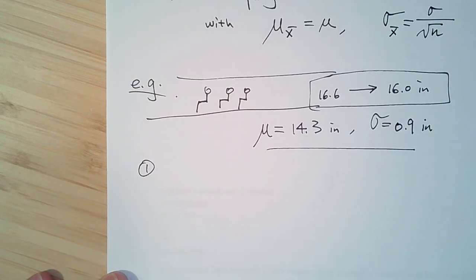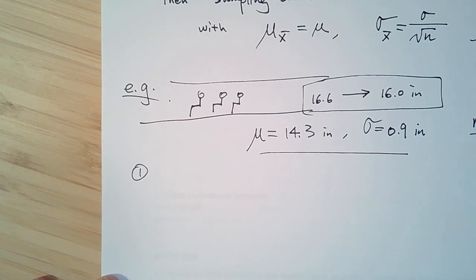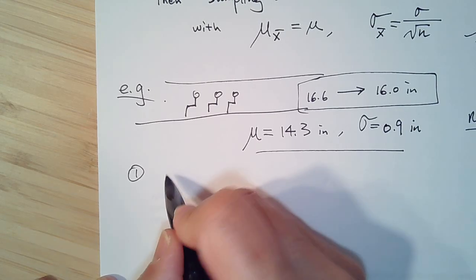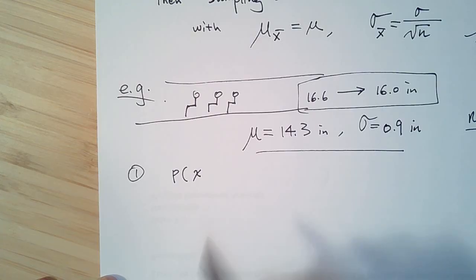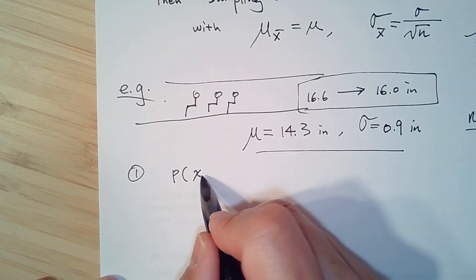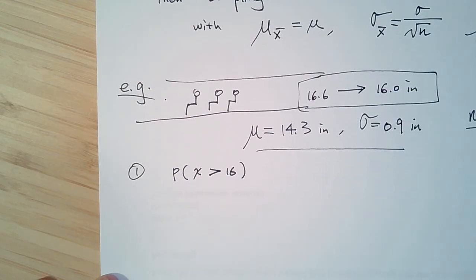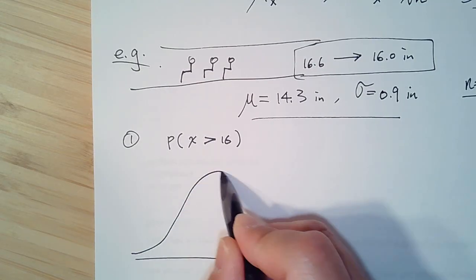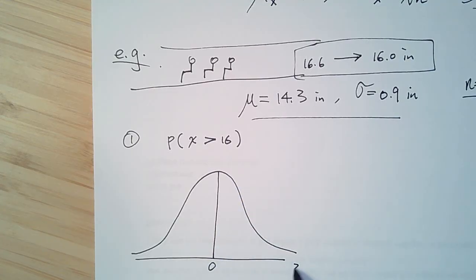Now, first question. What is the probability that a randomly selected adult male has a hip width greater than the seat width of 16? What is the probability that a randomly selected adult male has a hip width greater than 16? So that's X. It's a good habit, isn't it?